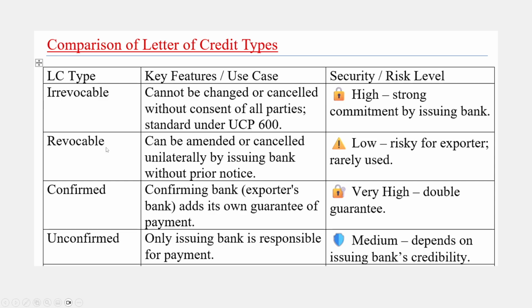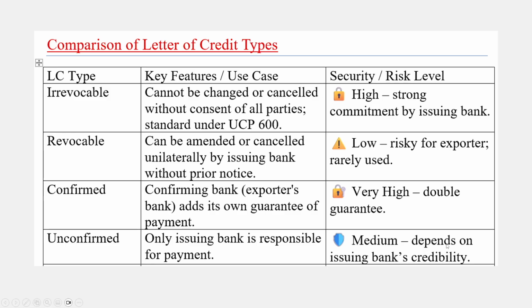Under revocable LCs, it can be amended or cancelled. So security is less here and it is risky for the exporter. Under the confirmed LC, the confirming bank, which is the exporting bank, adds its own guarantee. So it is very high, a double guarantee is there. And in unconfirmed LCs, only the issuing bank is responsible for payment.